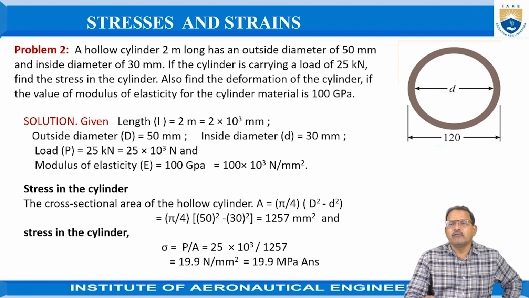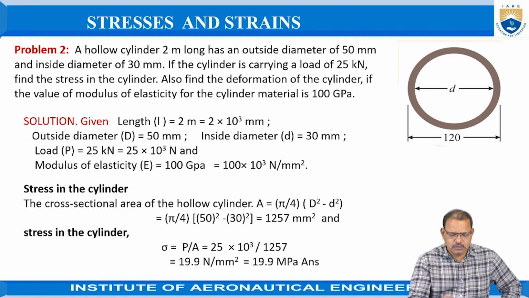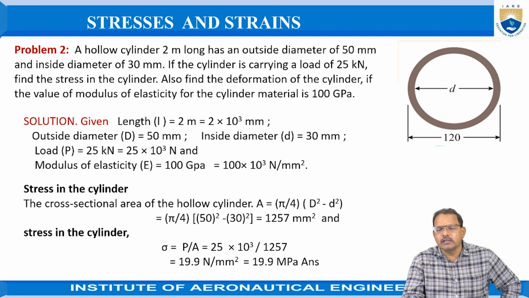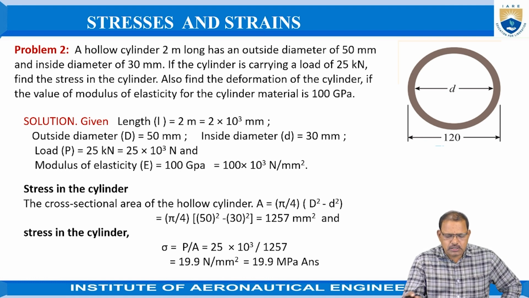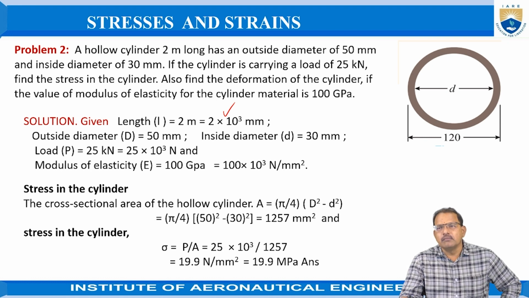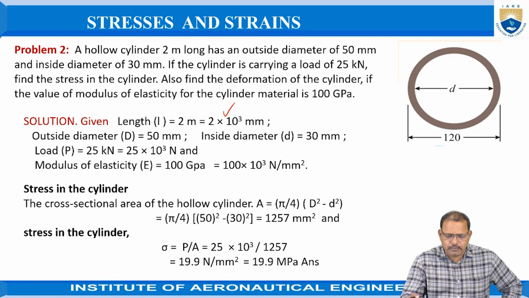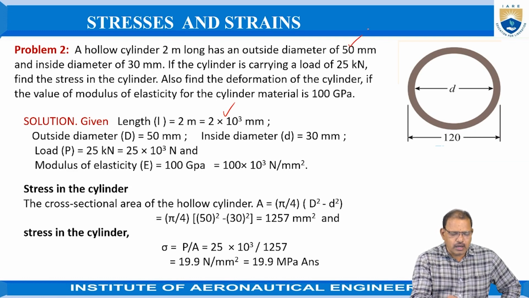Here, the given data in the problem is the length of the cylinder, 2 meters, but we are expressing all the dimensions in terms of millimeters, so we have taken it as 2 into 10 to the power of 3 millimeters. Outside diameter D is equal to 50 mm and inside diameter d is given as 30 mm.